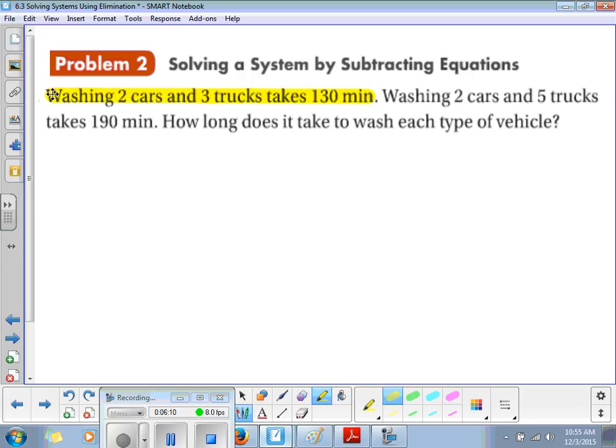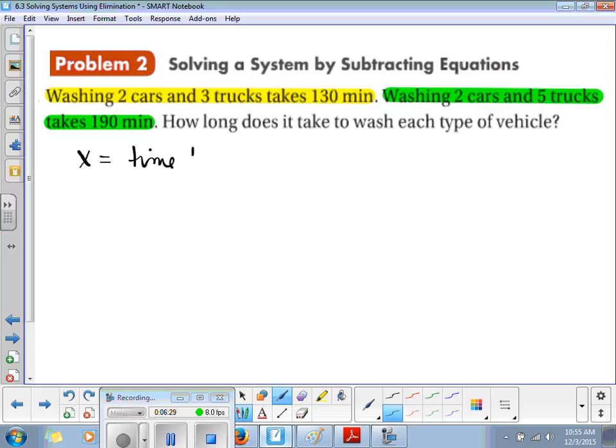And then my second equation? Very good. Now, the first thing we want to do is define our variables. So we can say x is equal to the time for the cars, and y is equal to the time for the trucks.